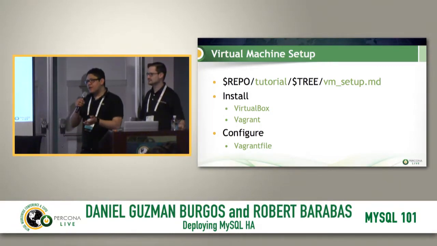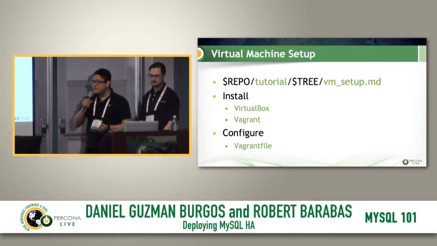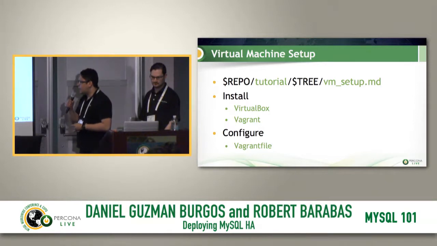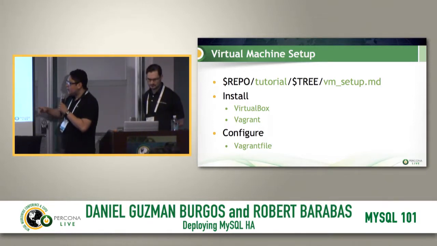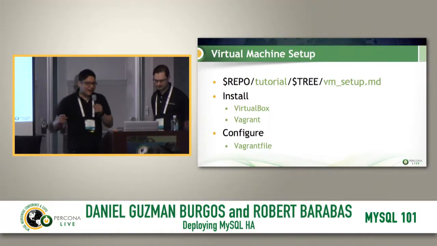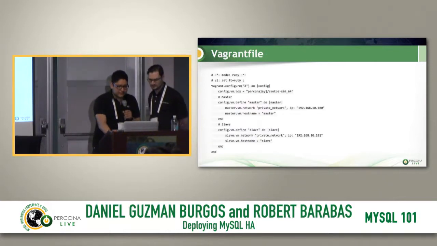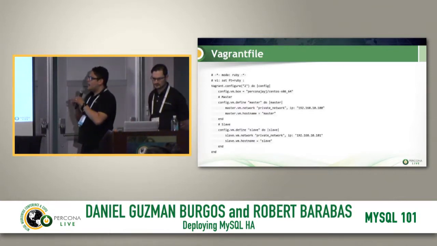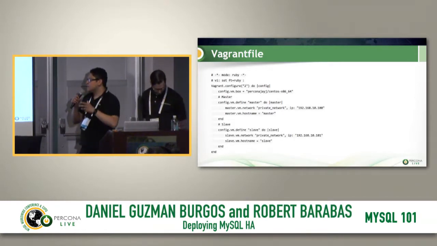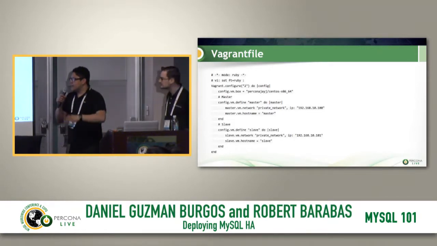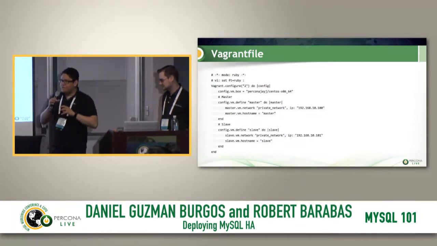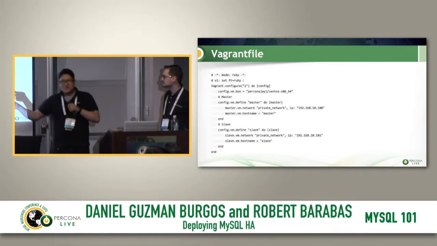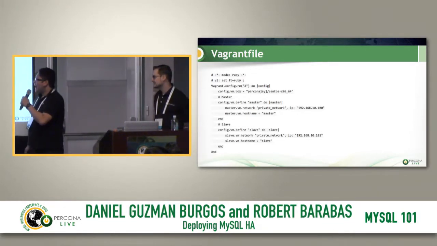The core of Vagrant for configuring VMs, virtual machines, is a file called Vagrantfile, which looks like this. It's Ruby syntax.